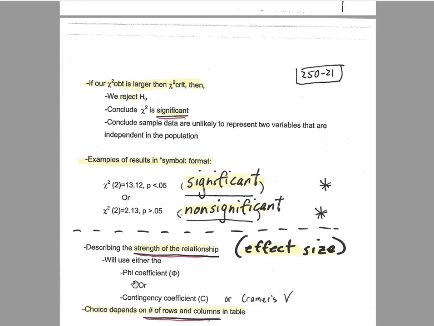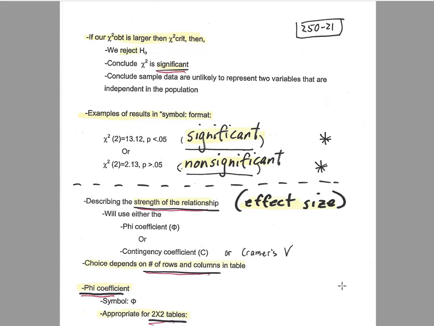We'll use either the Phi coefficient, symbolized by the Greek letter phi, or the contingency coefficient, usually represented by uppercase C, or another statistic that I actually prefer over either one of these, called Cramer's V. Just about any statistical application that you use will compute all 3 of these statistics. I'll talk about how to make sense of them and under what situation you'd use one rather than the other.